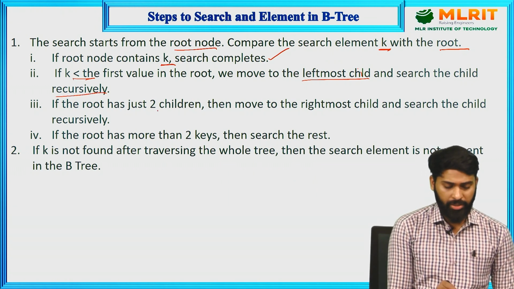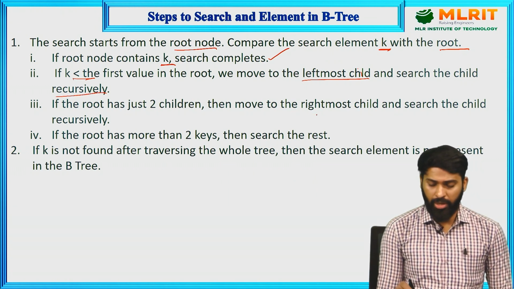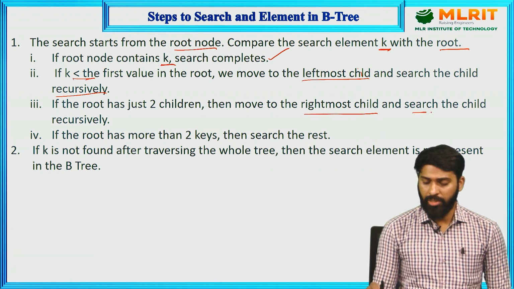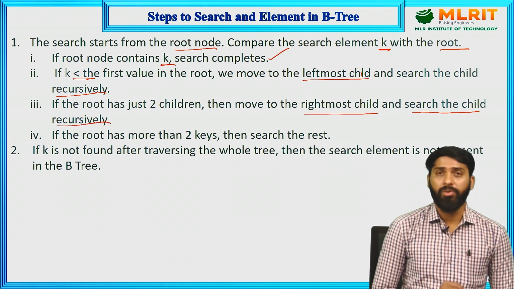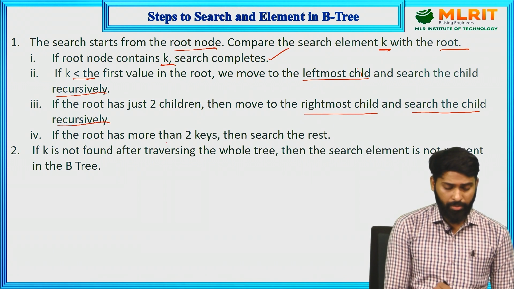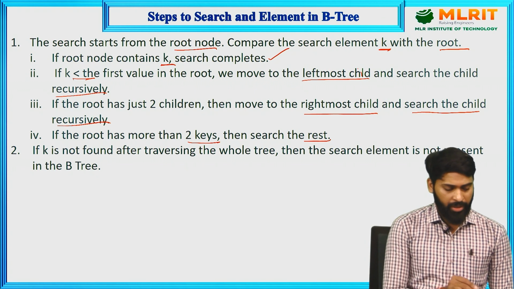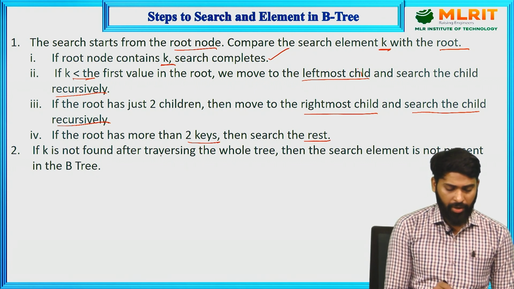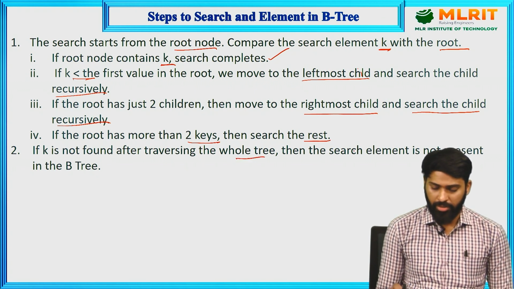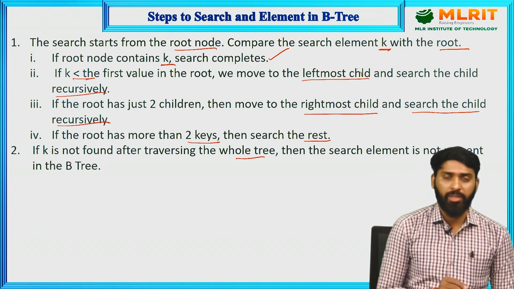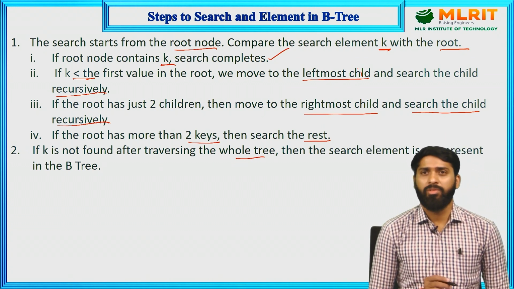If the root has two children, then move to the rightmost child and search the child recursively. If the root has more than two keys, then search the remaining ones. If K is not found after traversing the whole tree, then the search element is not present in the B tree. So, let us discuss with one example.